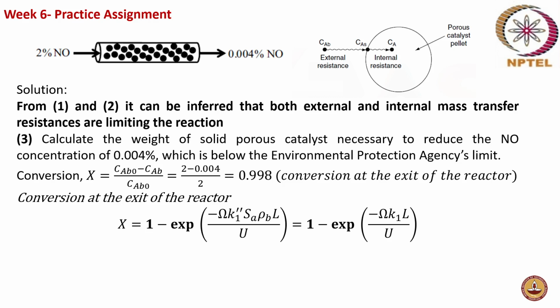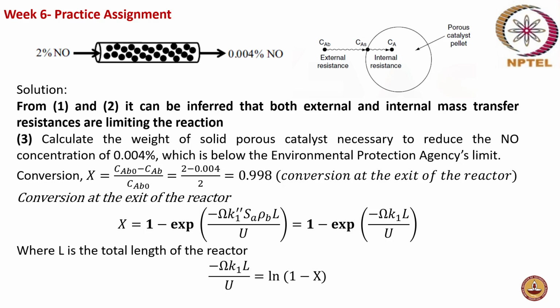So this K1 double prime SA into rho b can be rewritten as K1, right? So rewriting the expression, conversion is equal to 1 minus exponential of minus omega into K1 into L by U. Now, L is the total length of the reactor.